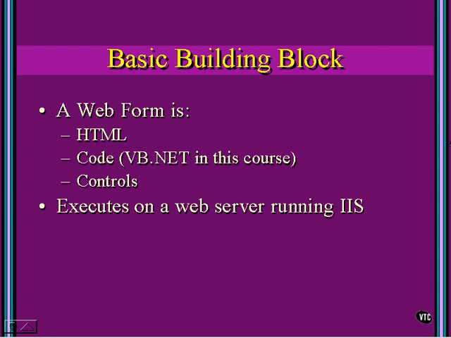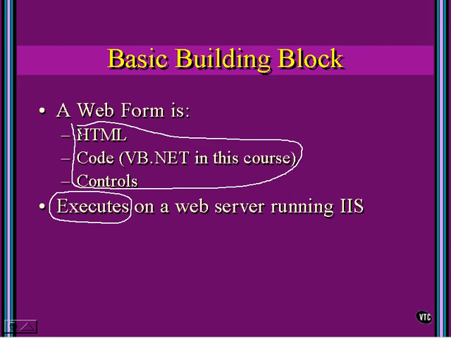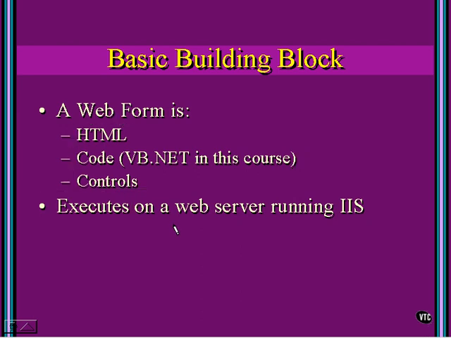Now, this web form executes on a web server running IIS, and I want to emphasize this word right here, executes. That's the magic of ASP.NET. I've said this, I know, about 3 million times, and you're probably tired of hearing it. But when we take this collection of HTML code and controls, and we give it that ASPX extension, and then we request it, it gets compiled, and then it executes on the web server as compiled code.